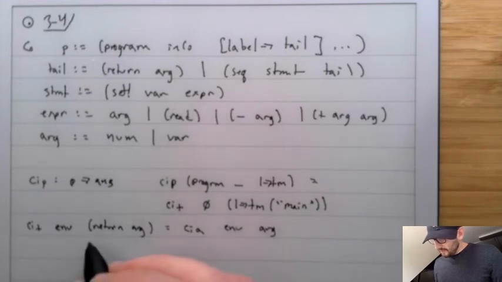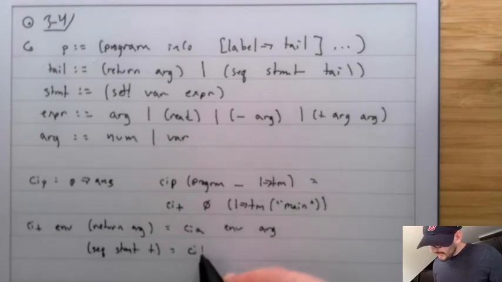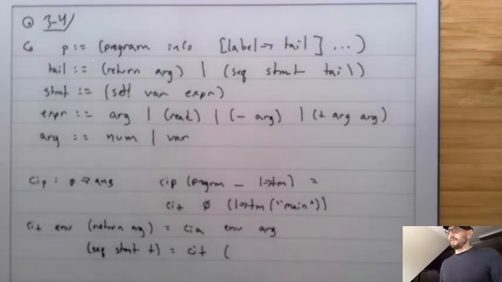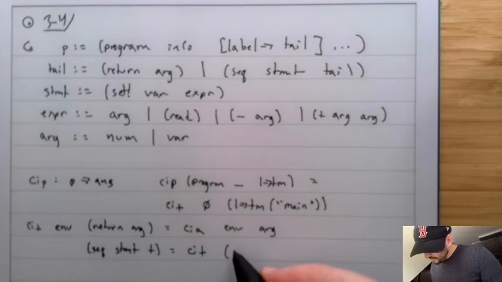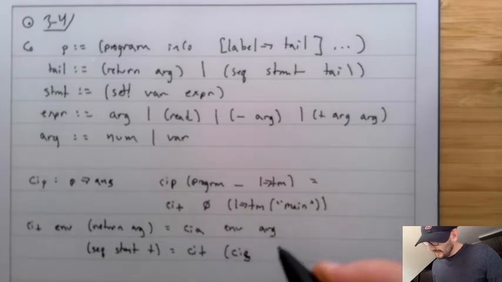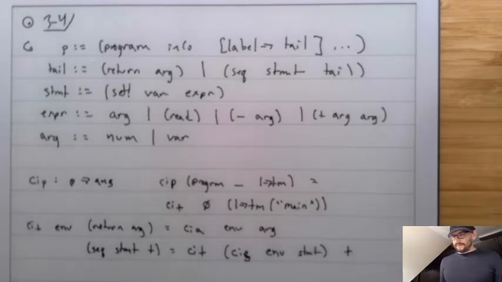And if instead it were called with a sequence of a statement and a tail, we're going to get CIT of a new environment, and this new environment is going to be the result of calling CIS for statement, CIS of the old environment and the statement, and then the new tail T. All right.